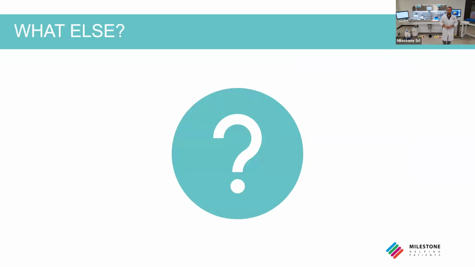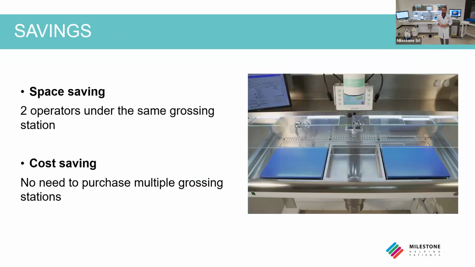But we did not stop here. Why? Because thanks to the enhanced modularity, there are a lot of savings in terms of space, first of all, because as I told you, we have modules. There is the possibility to position two cutting boards to allow operators to work together at the same time under the same hood.